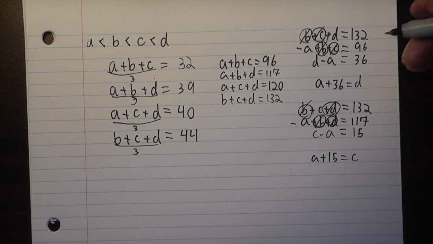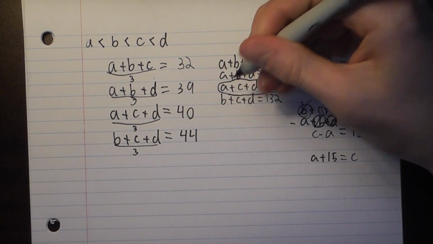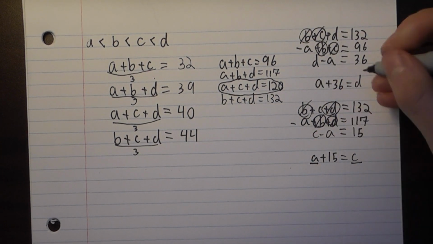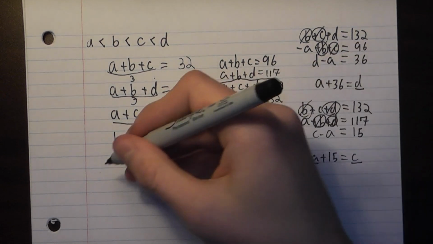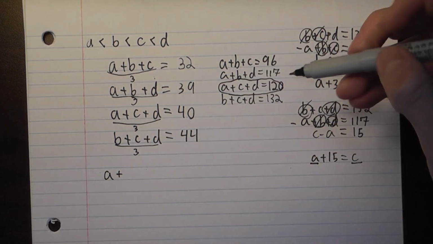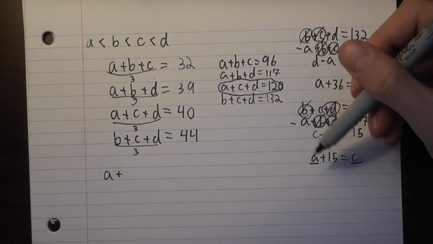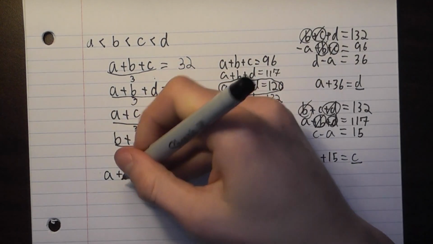So we'll just take this equation, because we haven't used it, and conveniently, it contains A, C, and D. So what we're going to do is A plus, and then instead of putting a C, we can do A plus 15, because C equals A plus 15.